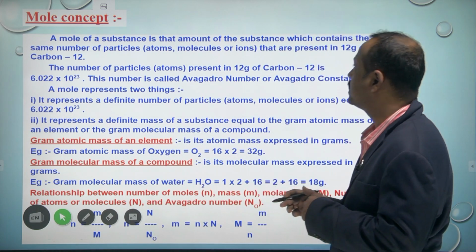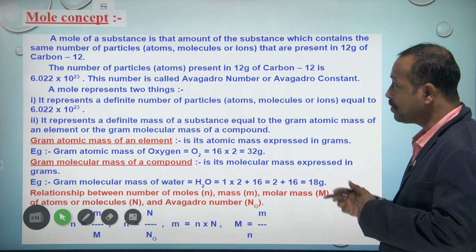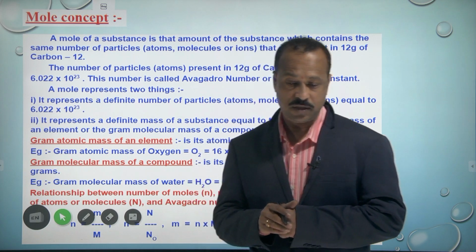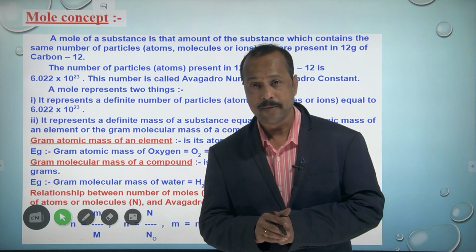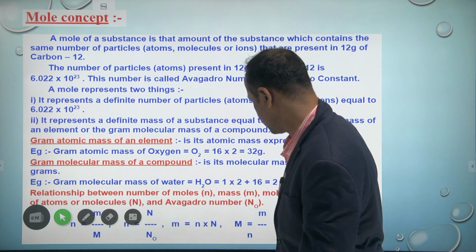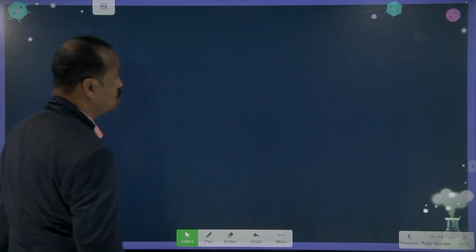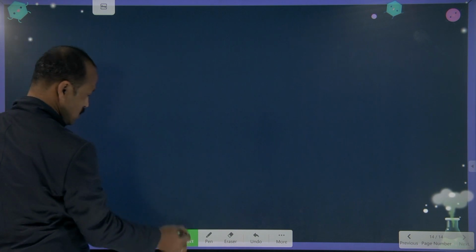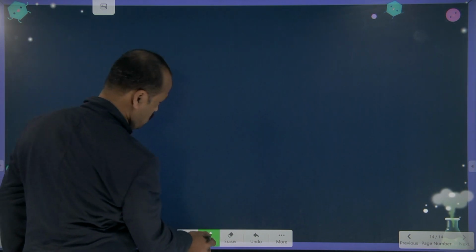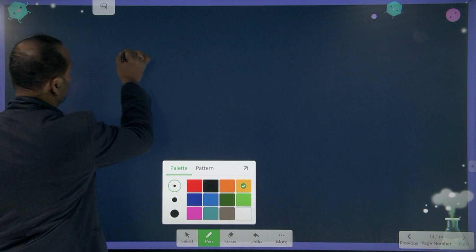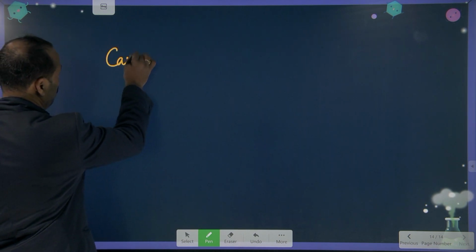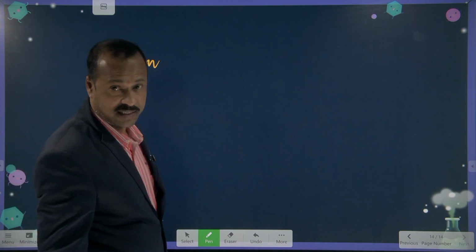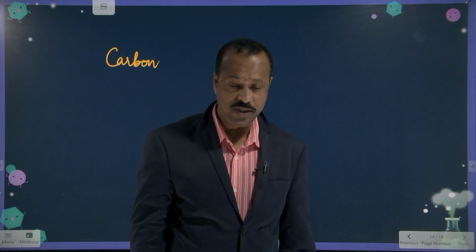A mole of a substance is the amount of substance which contains the same number of particles that are present in 12 grams of carbon 12. The meaning is, if we are taking carbon, you know that the carbon atomic number is 6 and mass number is 12.